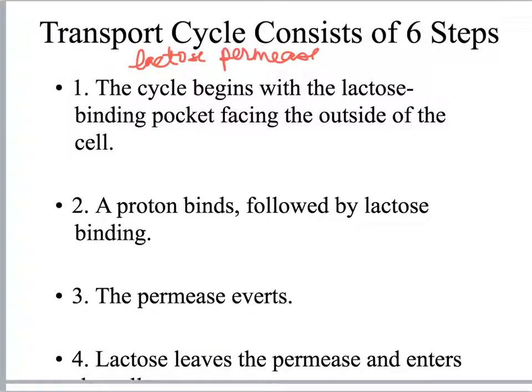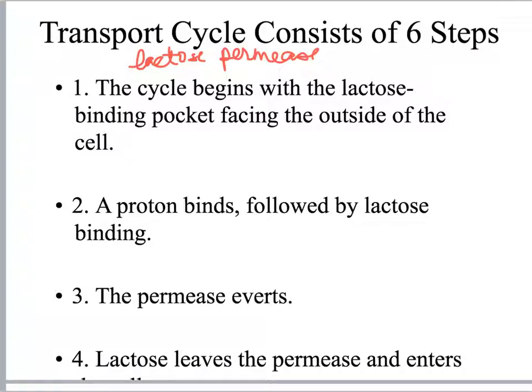In this system, E. coli will break down fuel and produce protons. It's going to result in high extracellular proton concentration and low intracellular proton concentration. So we're creating a proton gradient. The protons move down their gradient, they release energy, which is then used to transport, in this case, lactose, sugar. So the lactose can move from the outside to the inside of the cell against the concentration gradient.